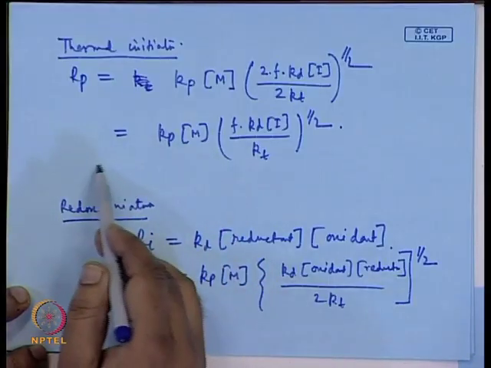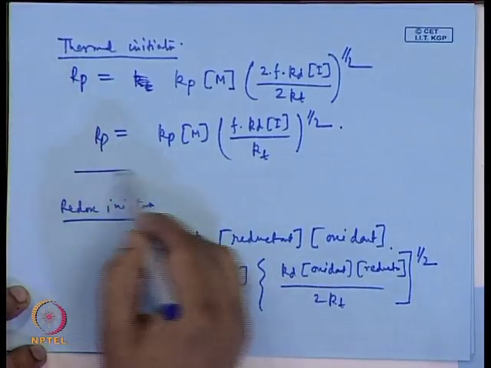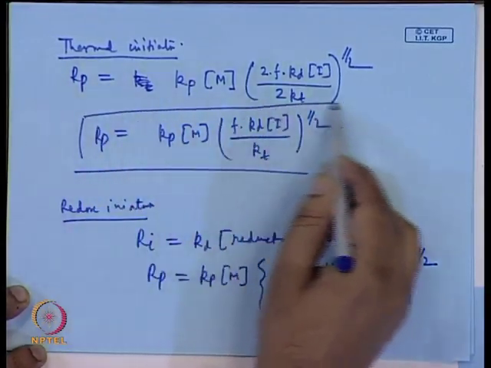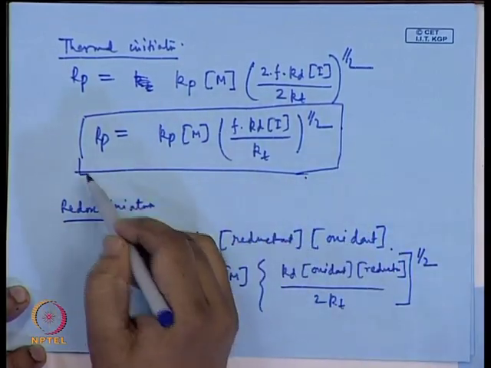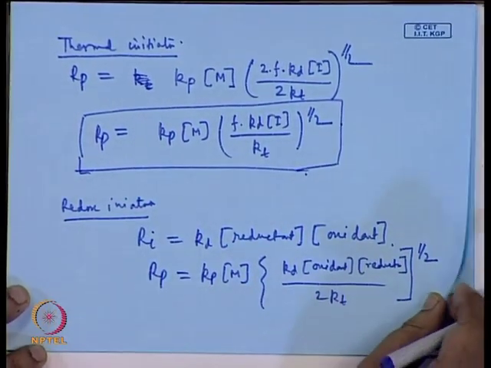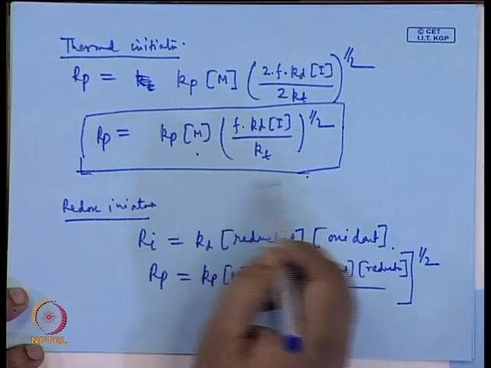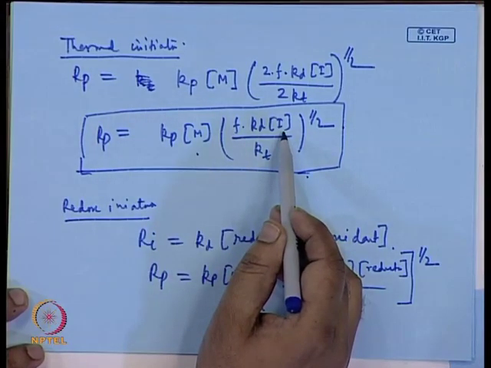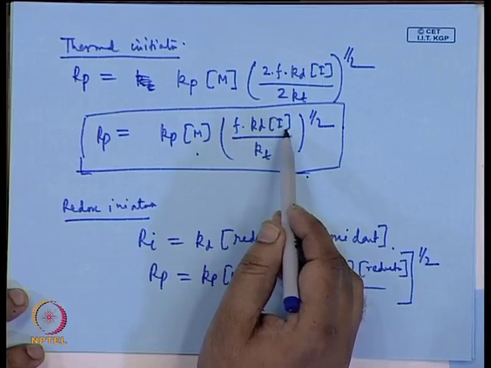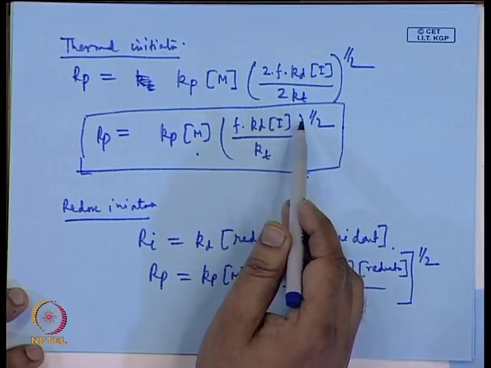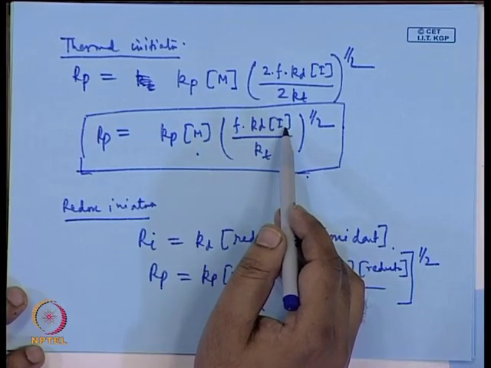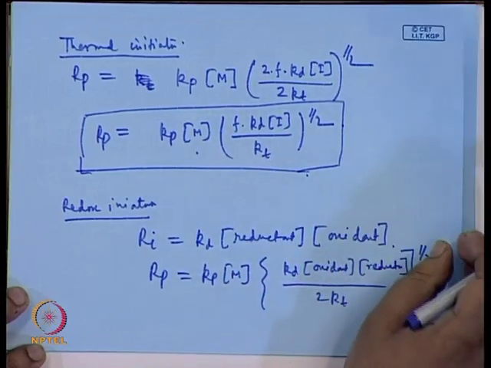Now, let us go back and look at this thermal initiator, which is the most common. Rp is given by this, which means rate of polymerization is directly proportional to the concentration of monomer, and it is proportional to the square root of the concentration of initiator.